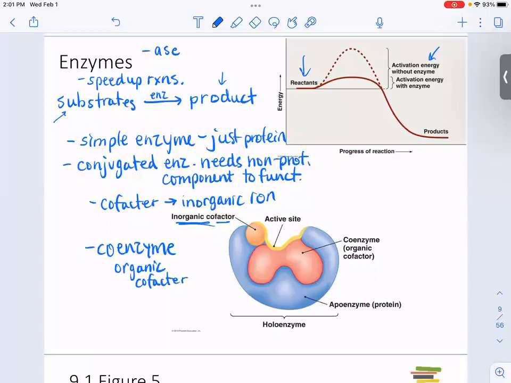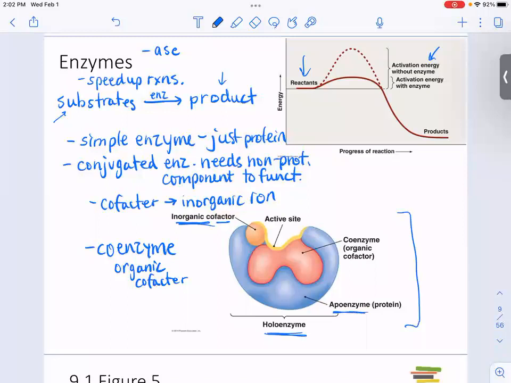Okay, yeah, question. What is the conjugated enzyme? It seems that these non-protein components are necessary for function. Okay, so here's an example of a conjugated enzyme. The protein part of the enzyme is called the apoenzyme, and then the whole thing together, along with any coenzymes or cofactors that are present, is called the holoenzyme.